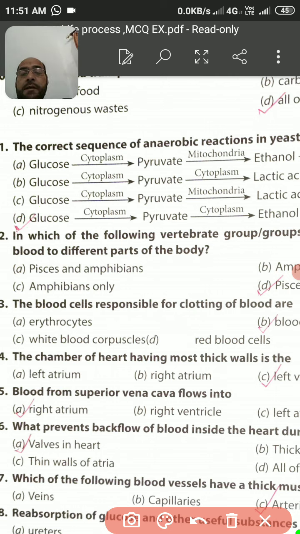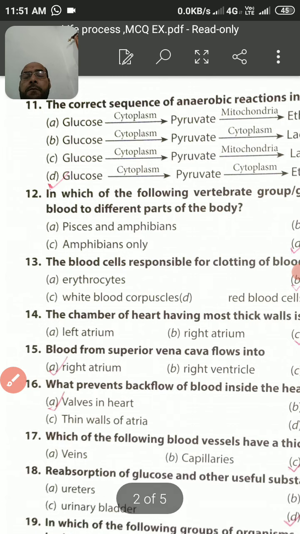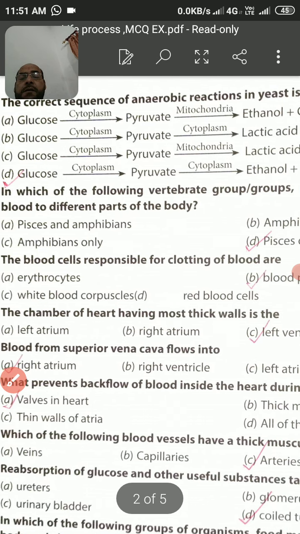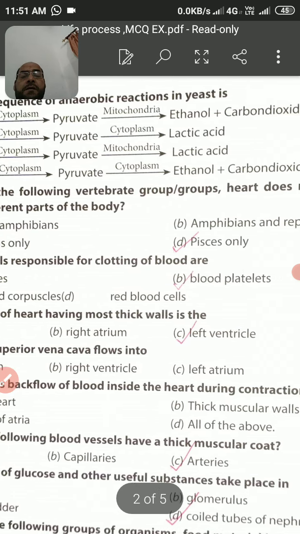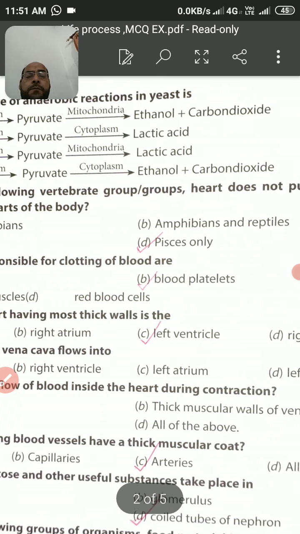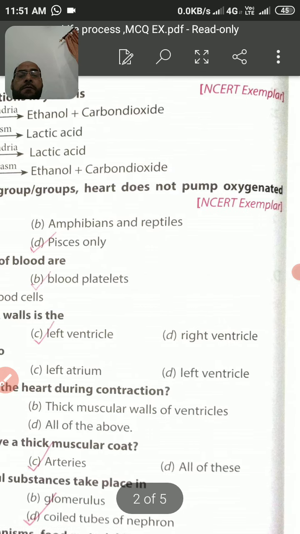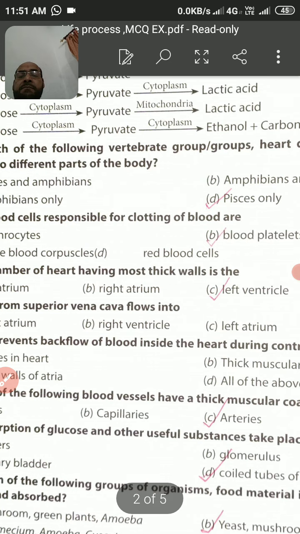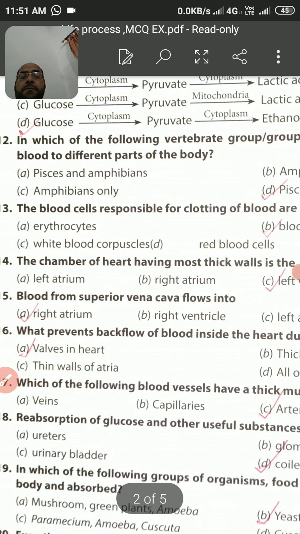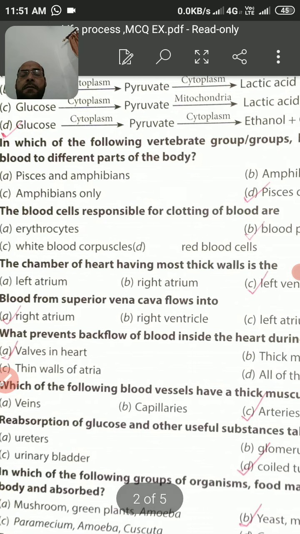And now come to the next, that is 12. In which of the following vertebrate groups does the heart not pump oxygenated blood to different parts of the body?